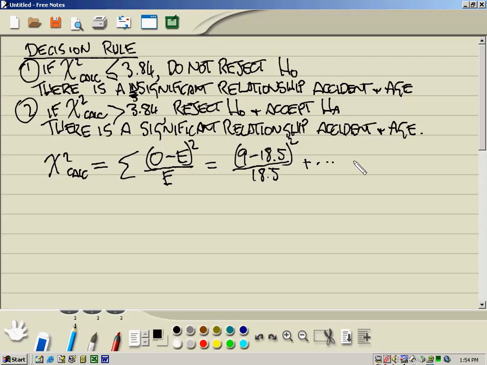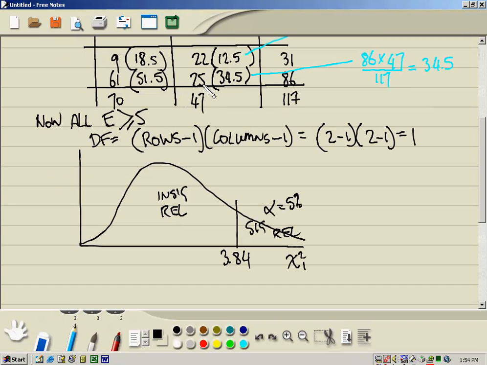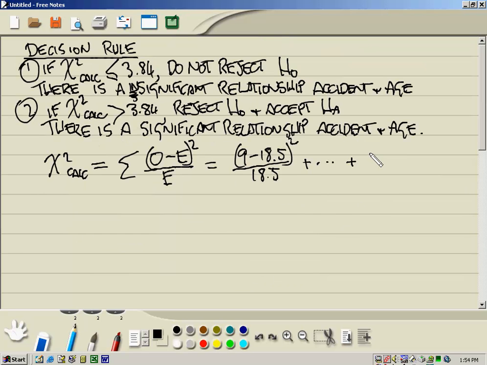And we'll do that all the way down to the end, and the last one is listed at 25 and 34.5. So that'll be observed of 25 minus the expected 34.5, square that difference, divide by 34.5.